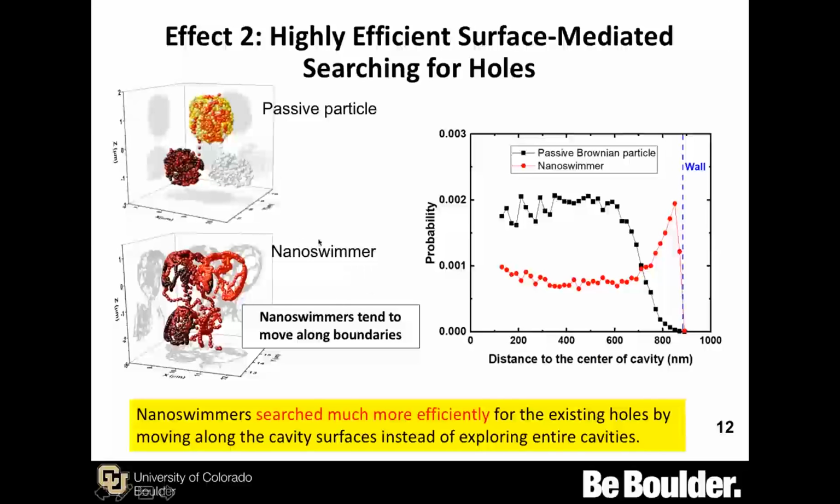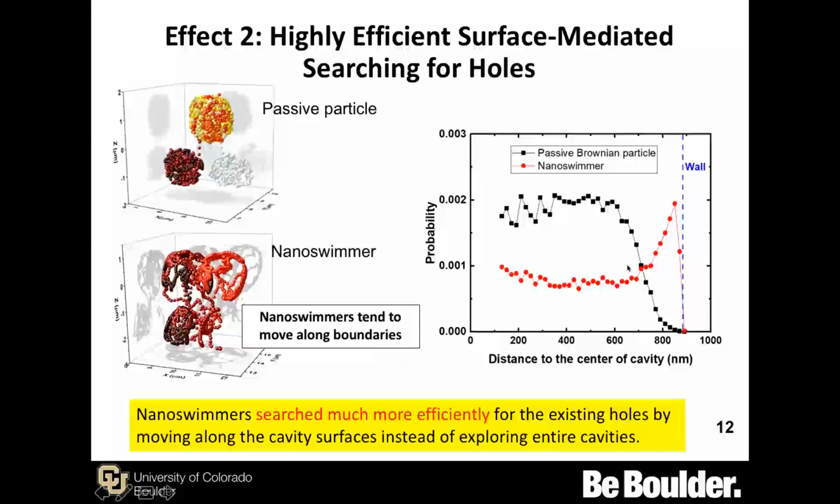So we found that if we plot the probability of the particle's position as a function of the distance to the center of the cavity, we can see that the dashed line is the wall.